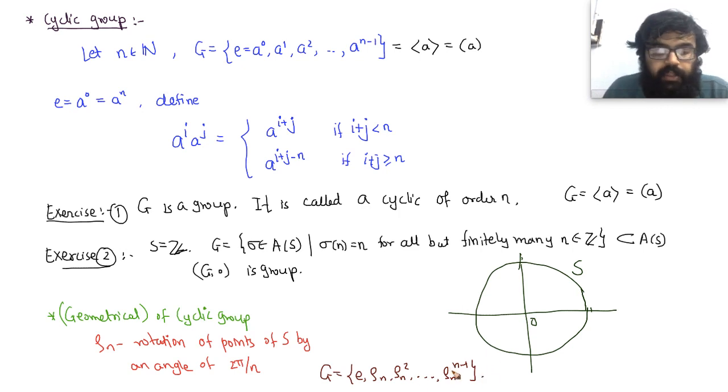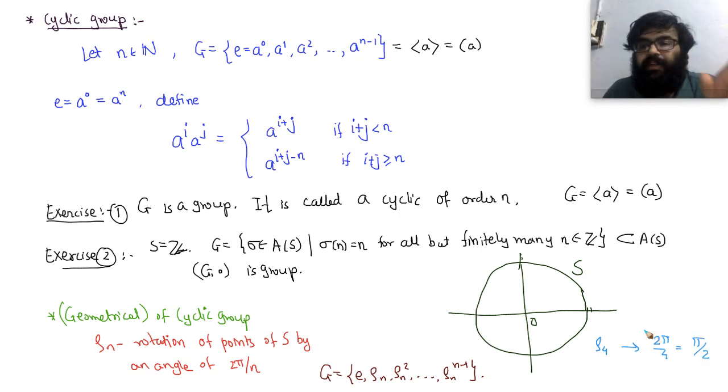In particular, if we consider an example, let us say rho 4. Rho 4 is rotation by 2 pi by 4, that is nothing but pi by 2. So it is just a 90-degree rotation. If there is a point here, it will be mapped here.